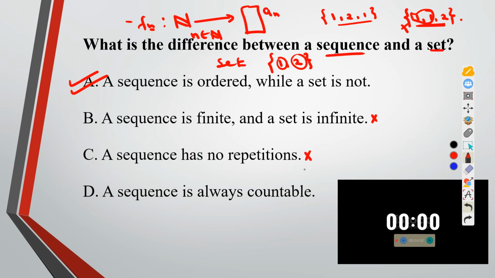A sequence is always countable. This is not true, there are some which are not countable. So the answer will be A. The fundamental difference is ordering. Ordering is what distinguishes sequences from sets.